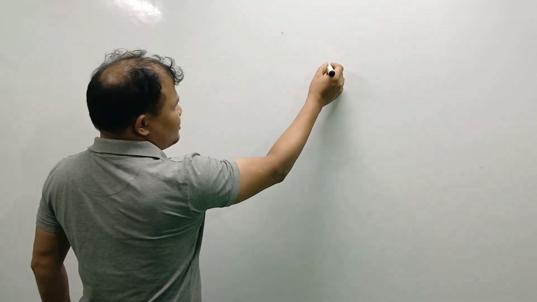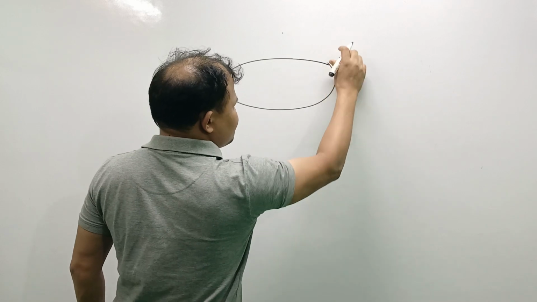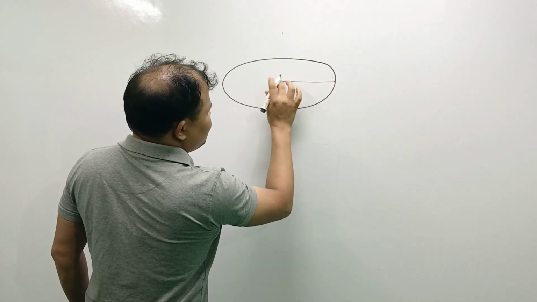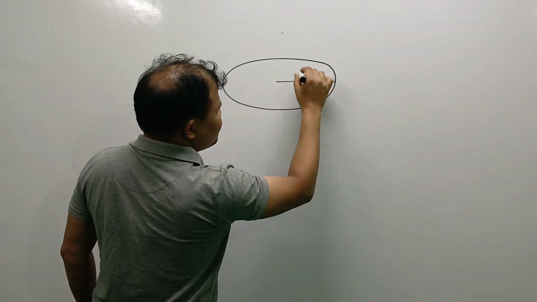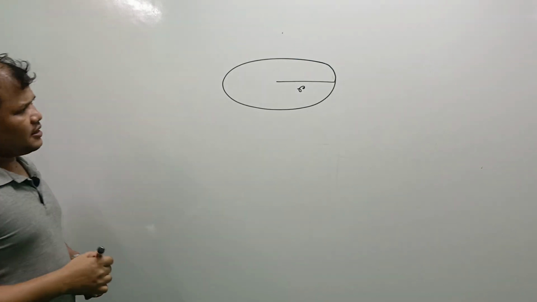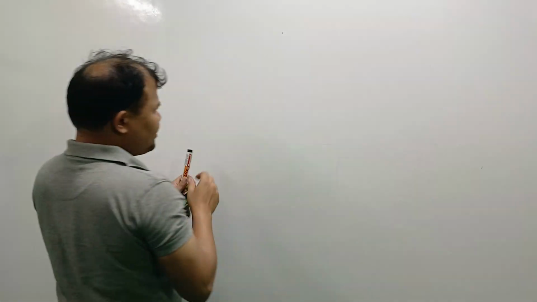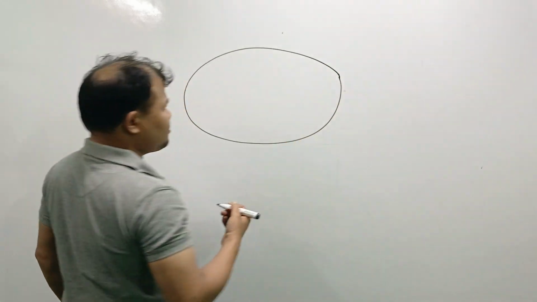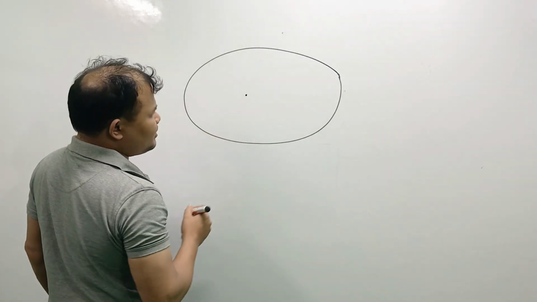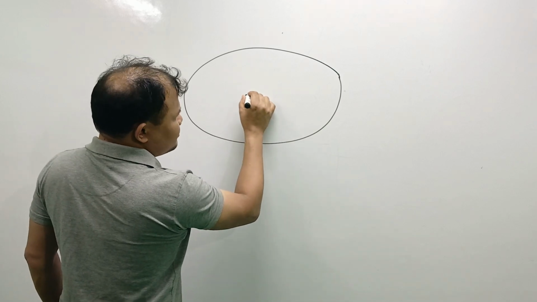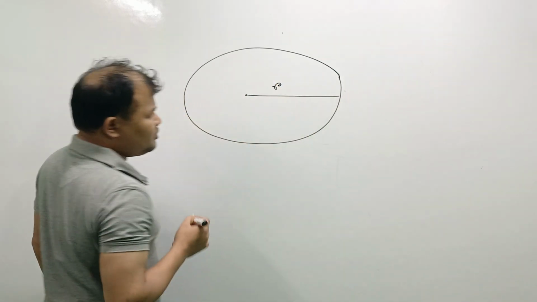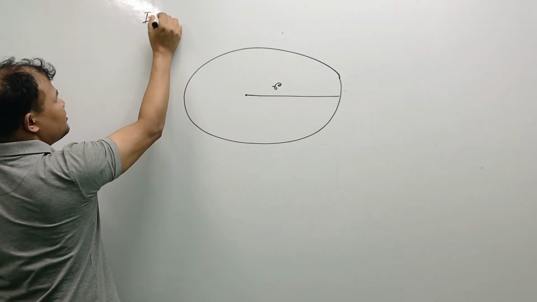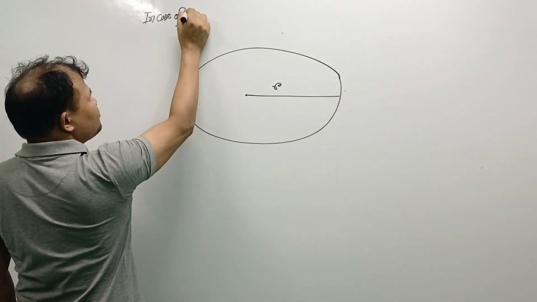Suppose this is the circular disc. The radius of this circular disc is R. This is the center of the circle, and this is the radius of the circular disc.